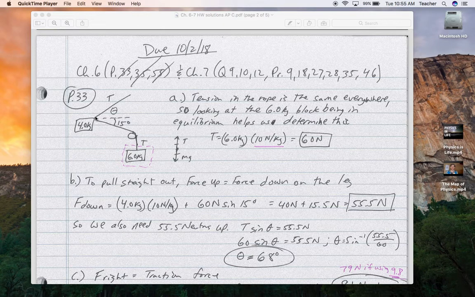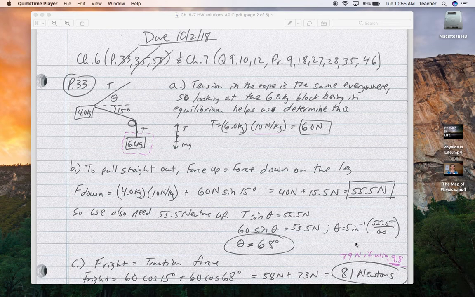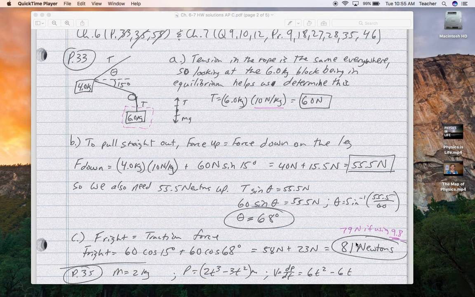The force upward is the component of this tension pulling up. So pulling down, we've got 40 newtons caused by the weight of the foot or leg, and 60 sine of 15 degrees caused by the vertical component of this string. That's 55.5 newtons down. Since we also need that force up, that's how we can go back and figure out the angle, which is a 68-degree angle.